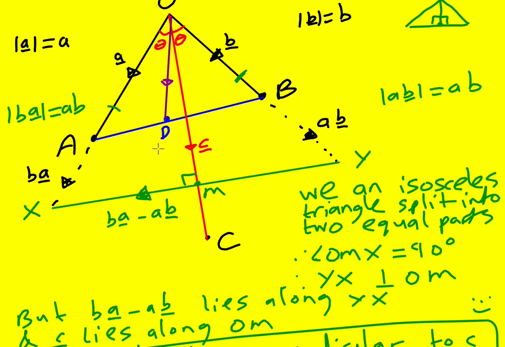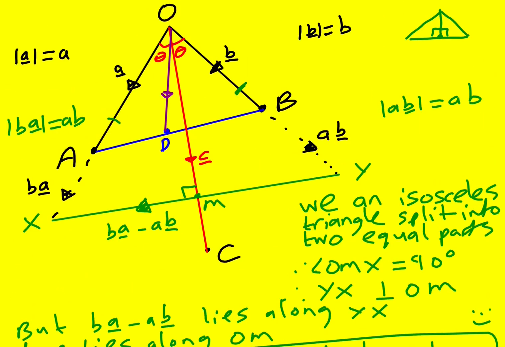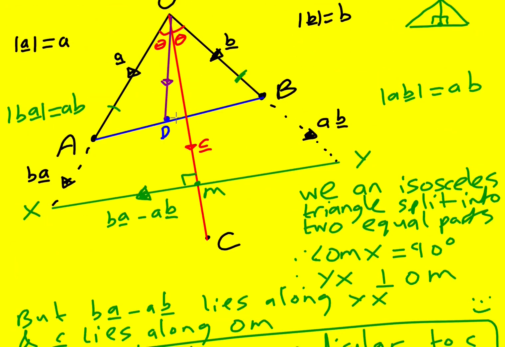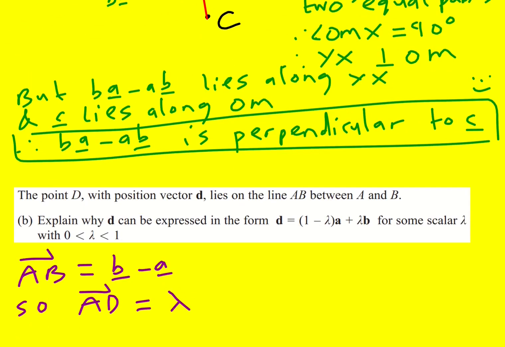Okay, well, we can work out AB to start with. AB is just going to be minus A plus B, or B minus A. So A to D is going to be some fraction of that, and that's where I'm going to introduce my scalar quantity.